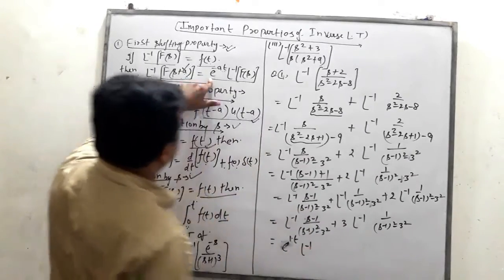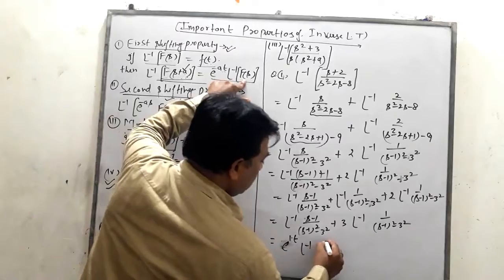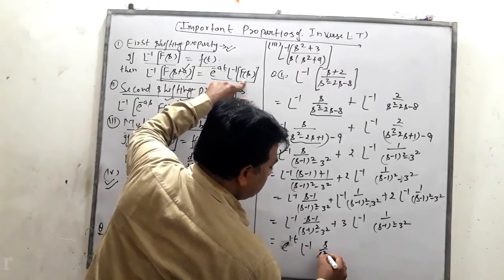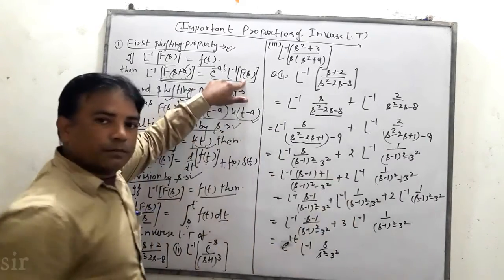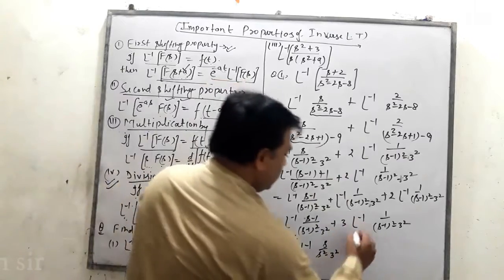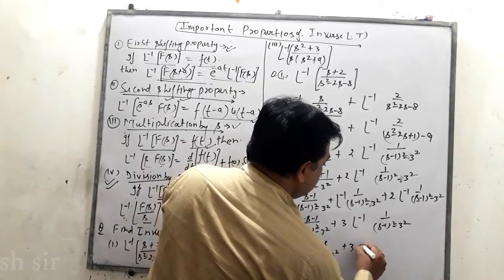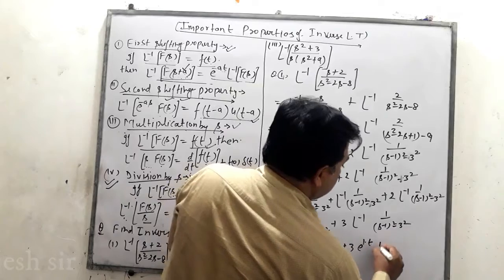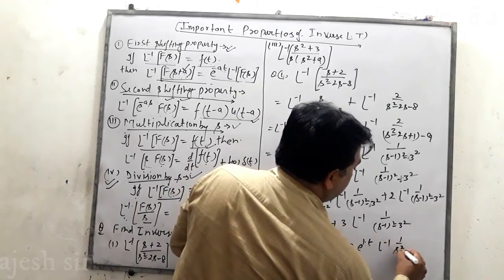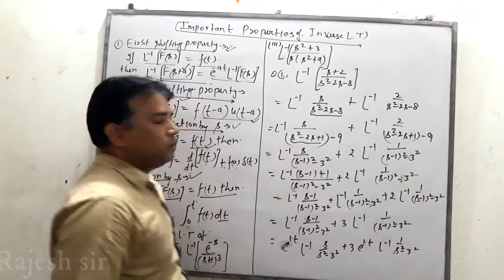Then the Laplace inverse of F(s), s upon (s square minus 3 square), and by a similar process, plus 3 e to the power 1 into t times the Laplace inverse of 1 upon (s square minus 3 square).